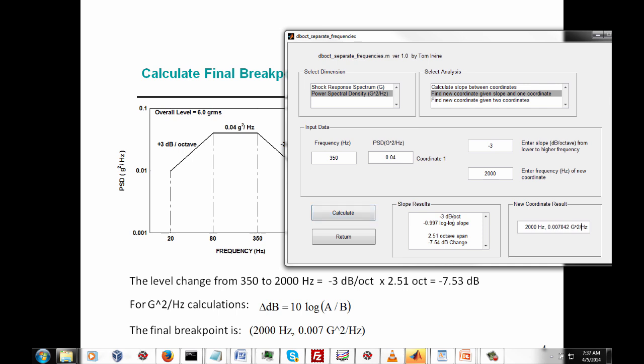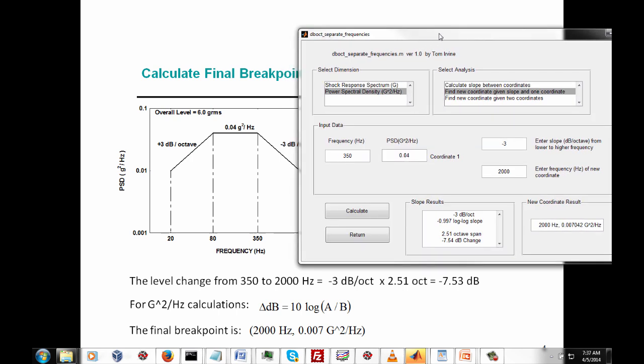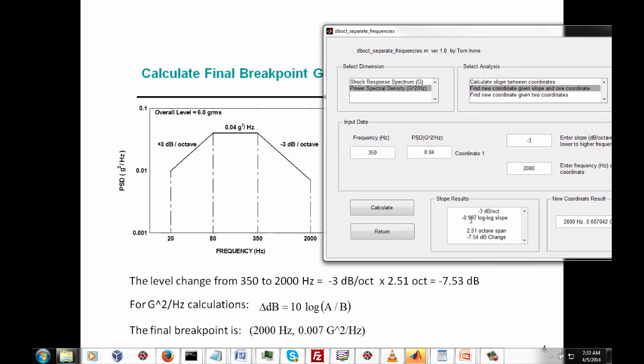Then we also get some information on the slope. Now, let's round the second number to -1. This means on our log-log plot, the -3 dB per octave slope would be -1. So it would just be a diagonal line, assuming the decades in our log-log plot have the same length and width, or the same height and width for our decades.